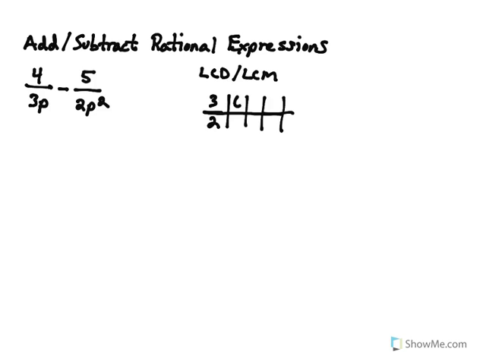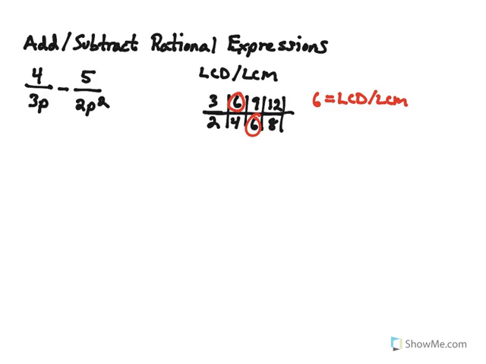So if you do 3, 6, 9, 12, and here you have 2, 4, 6, 8, the smallest number that appears in both rows first is going to be 6. So therefore, 6 equals my least common denominator or least common multiple. So we need to do that first.